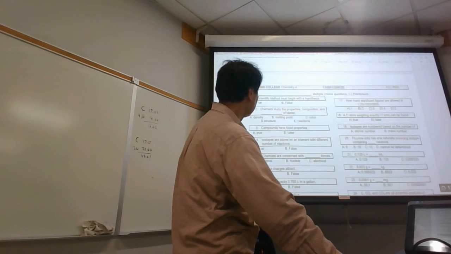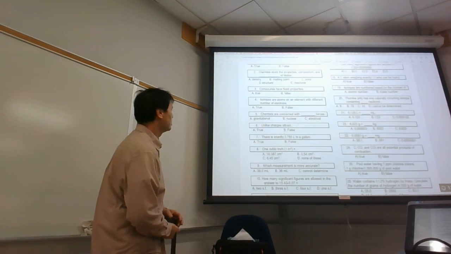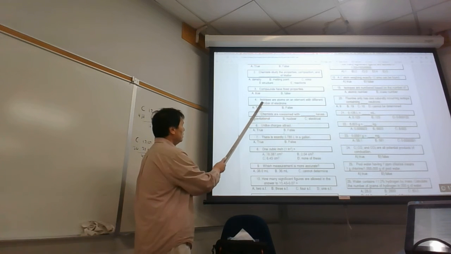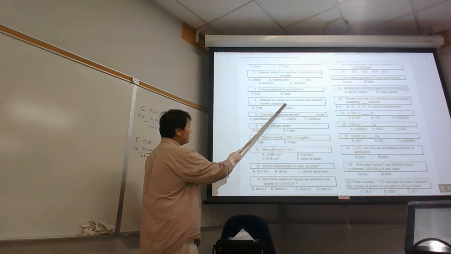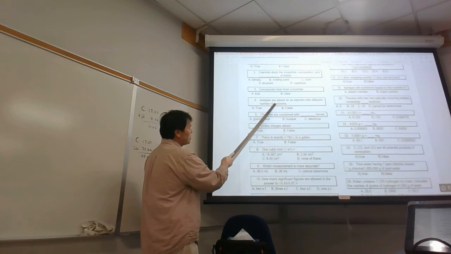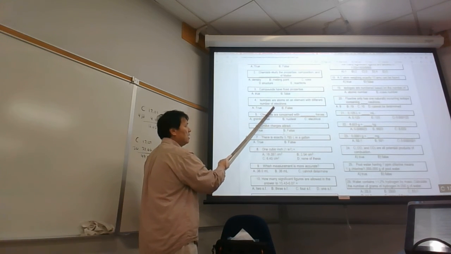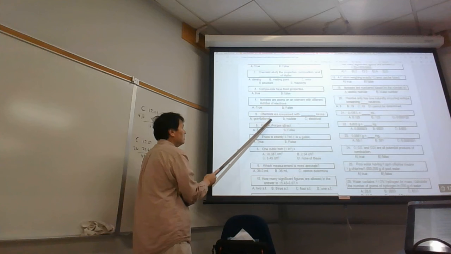Yeah. Because mixtures can have variable composition, which leads to variable properties. Four, isotopes are atoms of an element with different number of electrons. Ions are, but isotopes are different number of, not protons, neutrons.